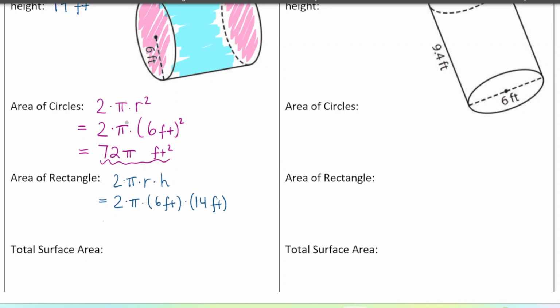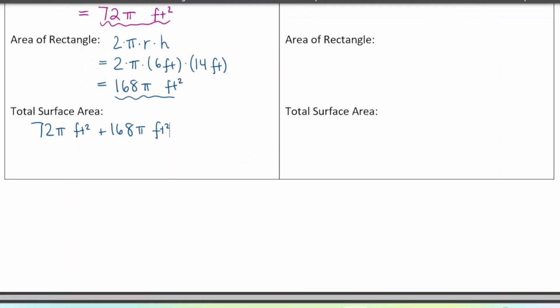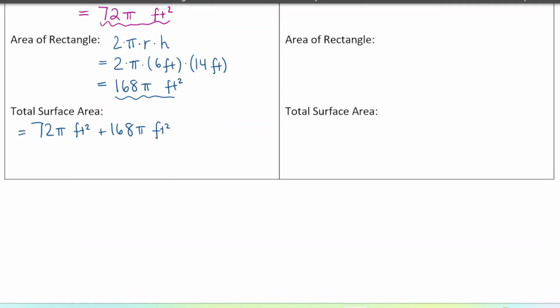I'm just going to multiply the numbers first together. 2 times 6 times 14 is 168, and then we have pi feet squared. So the total surface area is going to be 72 pi feet squared plus 168 pi feet squared. 72 plus 168 is 240 pi.